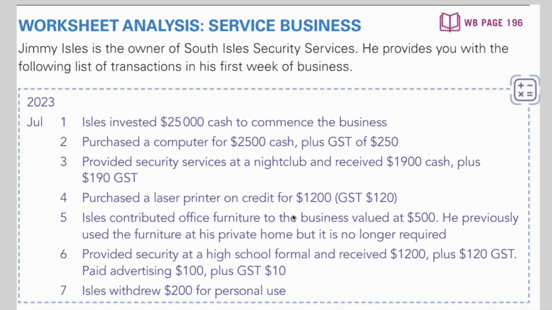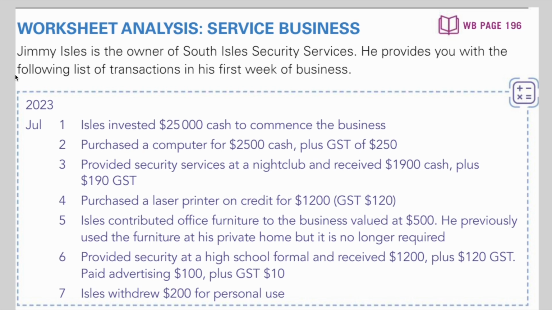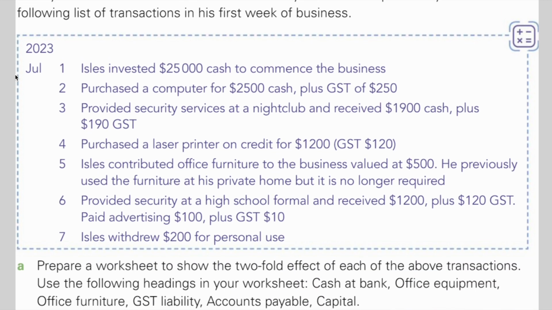All right, so based on the content we have looked through, let's do a practice problem. So Jimmy Islis is the owner of South Islis Security Services. He provides you with the following list of transactions in his first week of business. All right, cool. So from July the 1st to the 7th, there's a couple of transactions. And let's look at the instruction that the question is asking us to do.